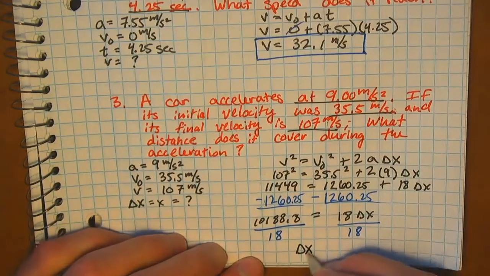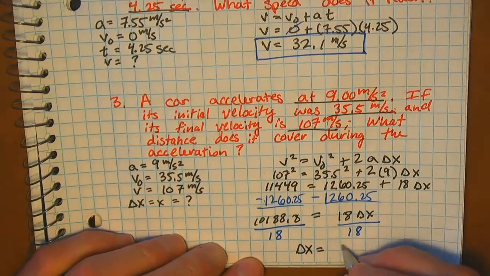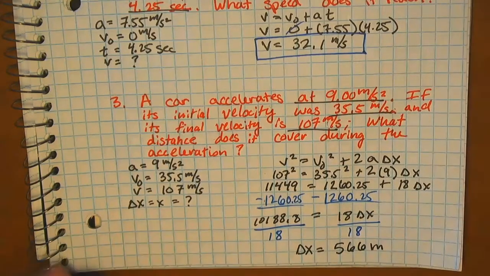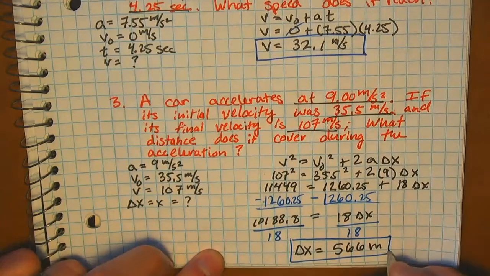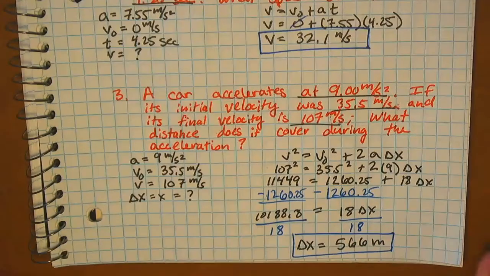Delta x is equal to 566 meters. All right, there you go.